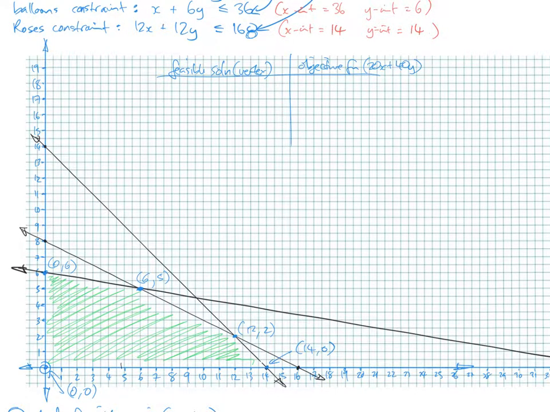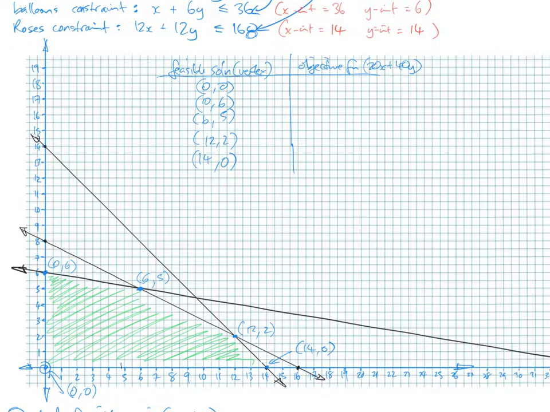That's my table done. Now I have to put in those vertices: 0, 0; 0, 6; 6, 5; 12, 2; and one more, 14, 0.